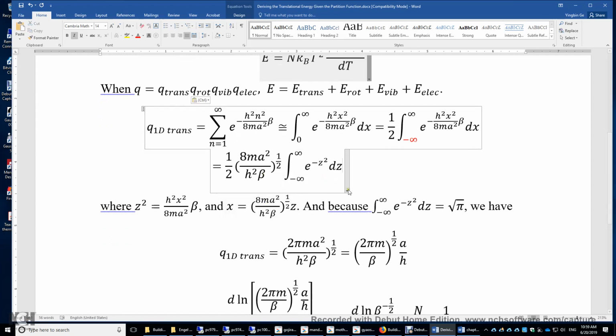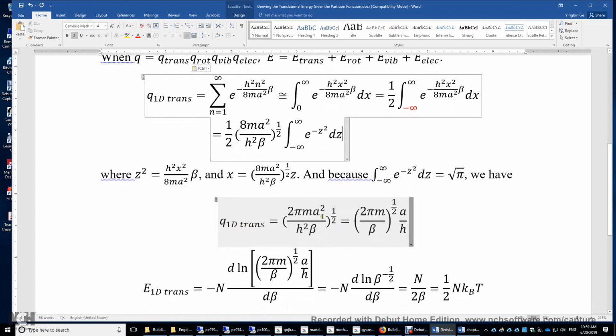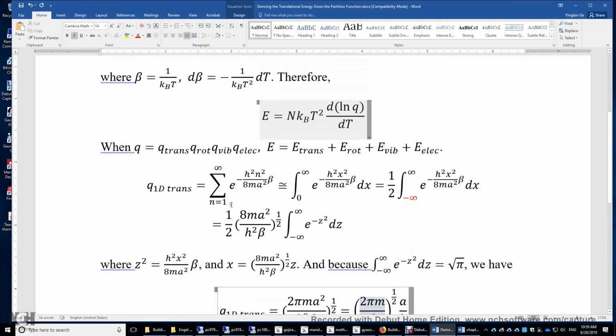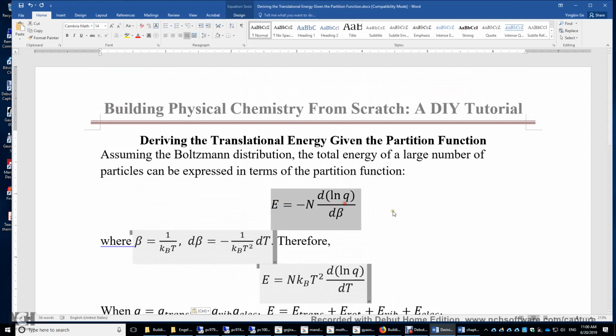So now we have the expression of the one-dimensional translational partition function, which is simply the square root of 2 pi m a squared over h squared beta. Because we have a squared and h squared inside the square root, I can take a over h out. Then we get back to this very general expression.